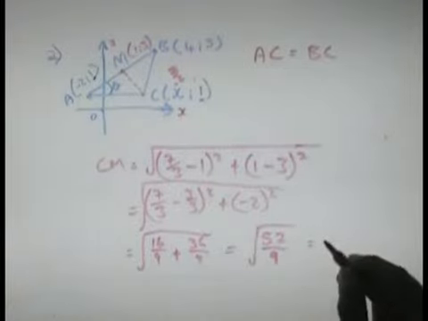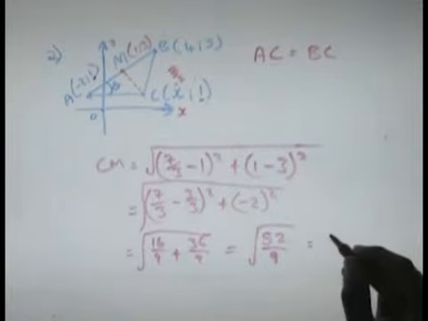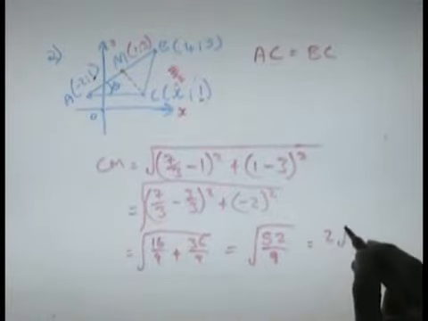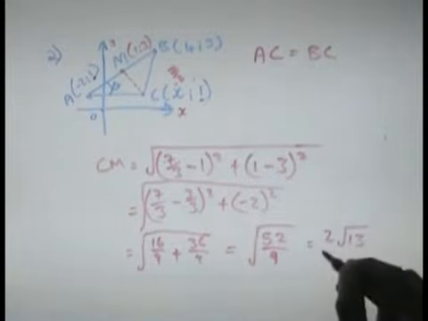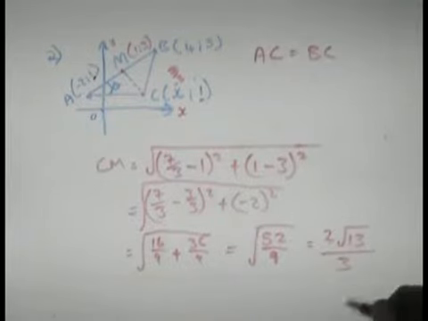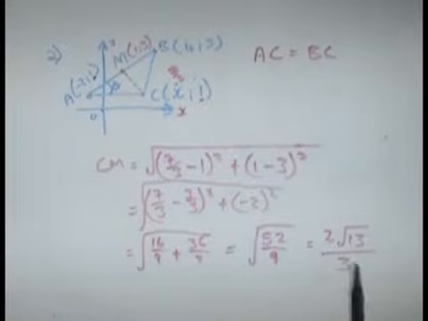Square root of 4 is equal to 2. 52 was 4 times 13, over square root of 9 is 3. So it's 2 root 13 over 3, and that's the simplest form of the distance CM.